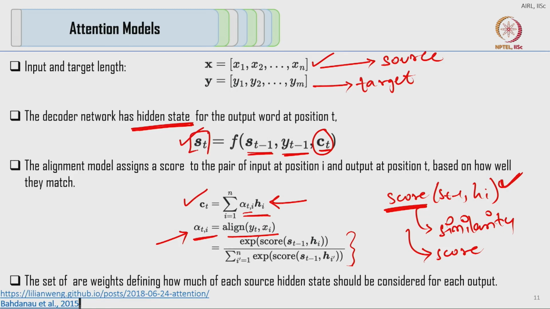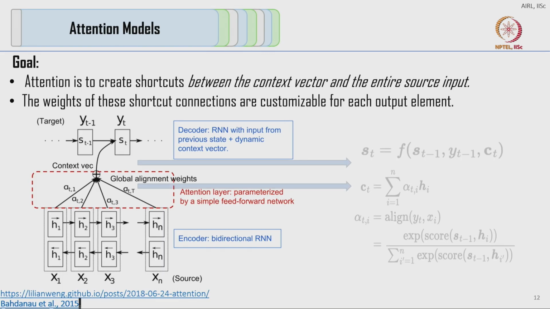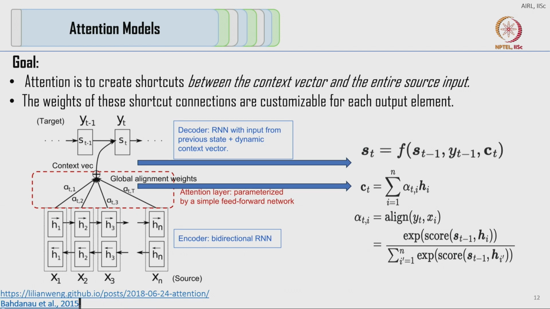Now, once we have alpha, we can generate the context, and once we have the context, we can modify the hidden states, right. If we observe this structure, the attention is to create shortcuts between the context vector and the entire input states. We can observe that st can be generated taking the previous state, the previous output and the context.